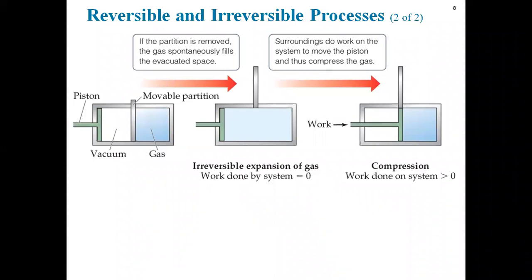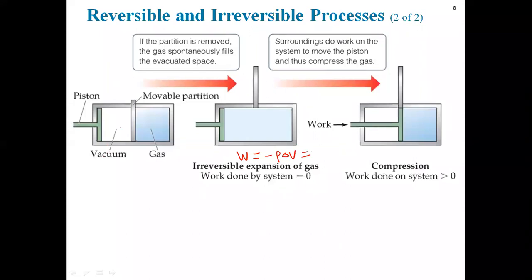And how much work is done by the system is zero. As we learned in chapter 5, there's work from the expansion and compression of gas. We remember the formula is W equals negative P times delta V. From this formula, we can say W equals 0 because the pressure on the left side is 0.